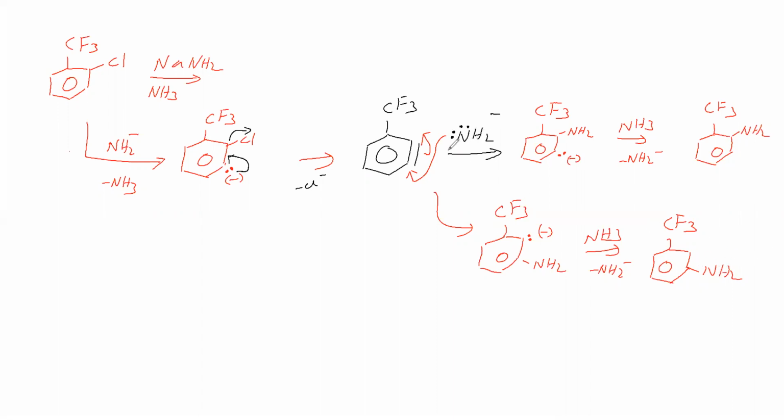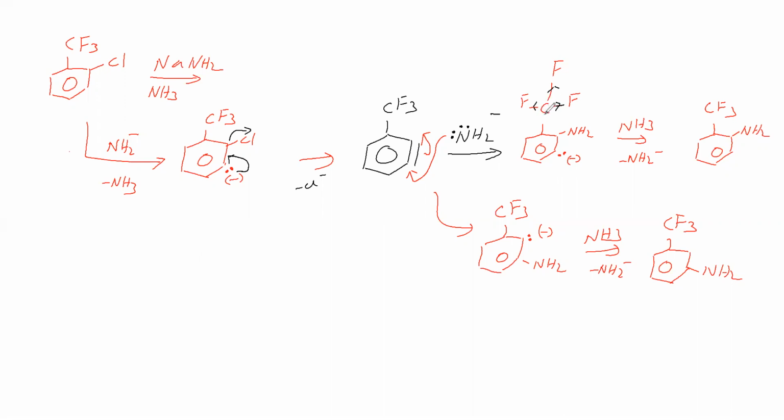Now, NH2 minus attacking means we are getting a negative sign here. What about this CF3? Is it influencing that negative sign or not? This F is more electronegative than this C, therefore F shows a minus I effect. The electron cloud moves this side, and there is also a minus A effect.